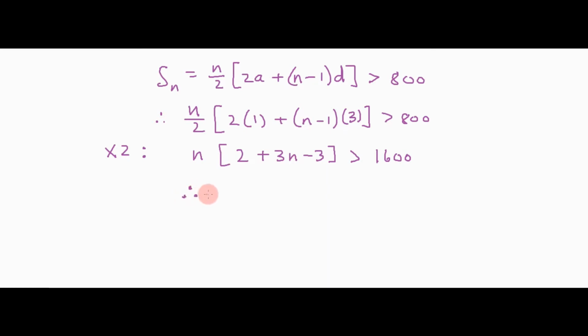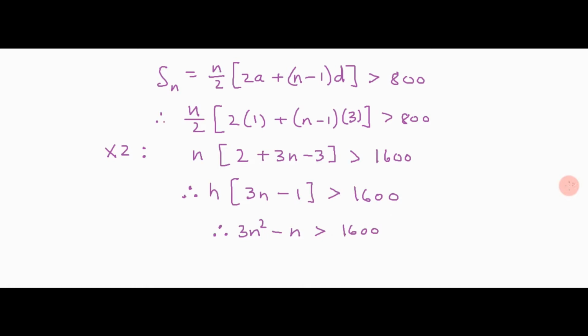Still simplifying inside the square brackets. And we can multiply the n into the brackets, and this is all greater than 1600.